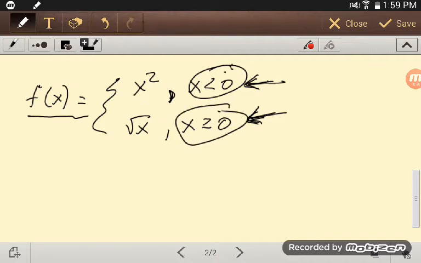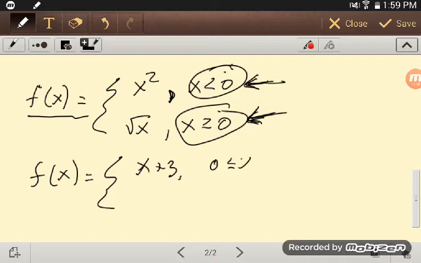Now, it could be that I could have something like this, where f of x equals x plus 3, as long as x is between 0 and 5. And then it could be x squared again, if x is from 5 to 8.